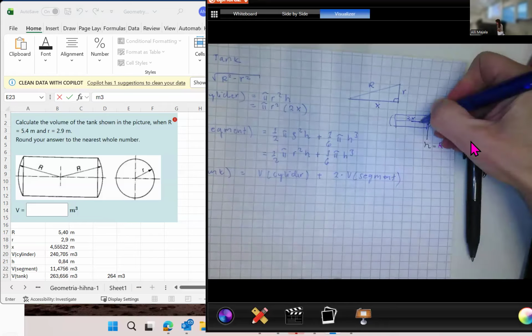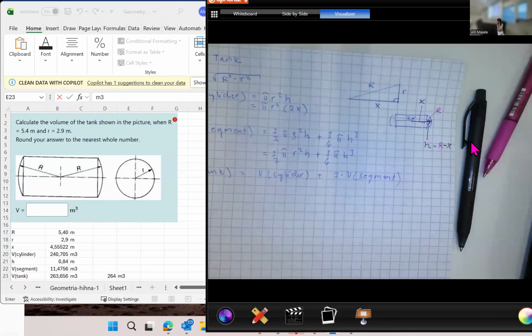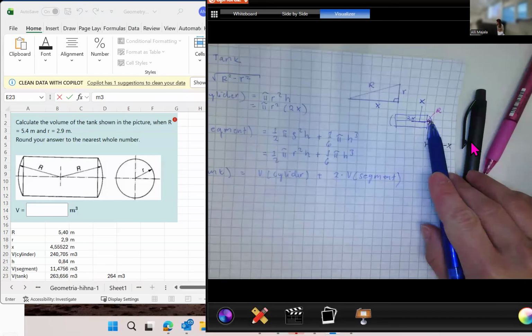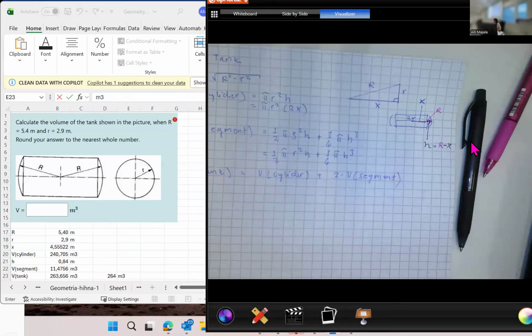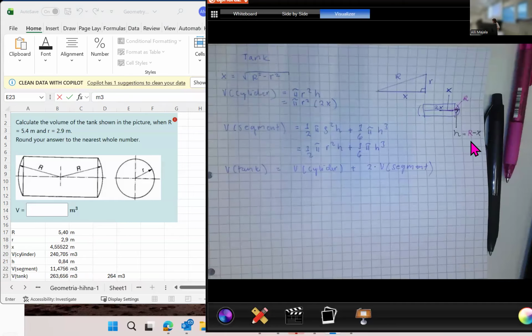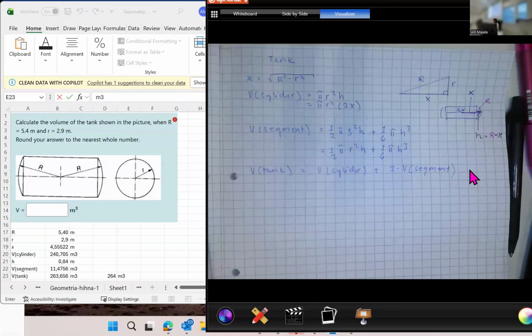So X was this length from the center to the start of the sphere. Yeah. And the R was the length from the center to the end of the square surface here. Yes? Okay. Yeah, that was a good question.